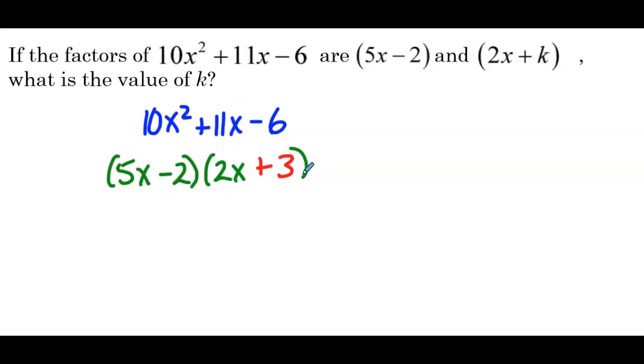So that's perfect. And we're comparing it to the factor 2x plus k, so that means that k equals 3. We could also do our grouping method just for practice here and get our factors, see what they are, compare them, and see that k equals 3.